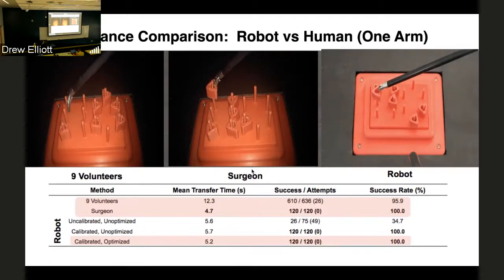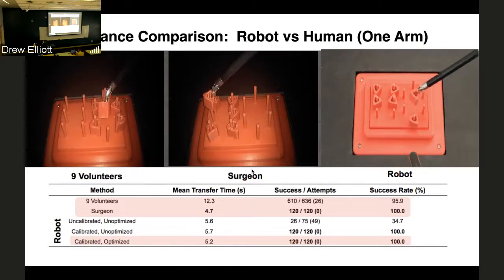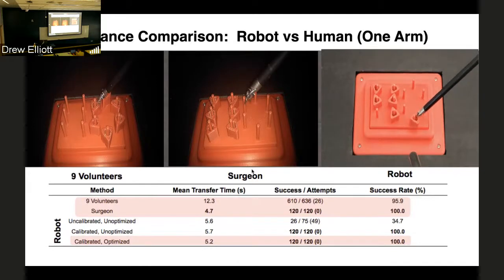The transfer time of the surgeon is significantly faster than that of the volunteers. But interestingly, the robot, when it's calibrated and optimized, is actually on par with the surgeon. The success rate is also interesting on the right. Once we were able to introduce the calibration, the success rate went dramatically up.